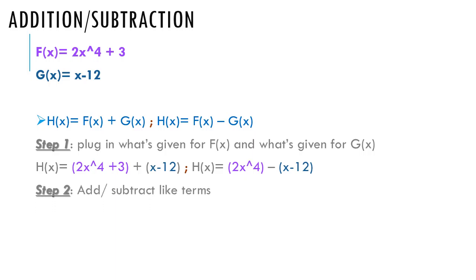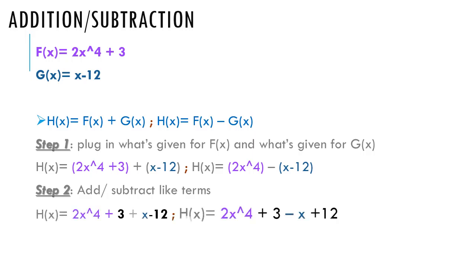Our second step is we're going to add and subtract like terms. When you're adding and subtracting like terms for addition, it's usually easy. You can fly by them, you can tell what they're like. Now what you can get mixed up a little bit is when you see 2x to the fourth and x. You automatically say, oh, x, they have a common factor.